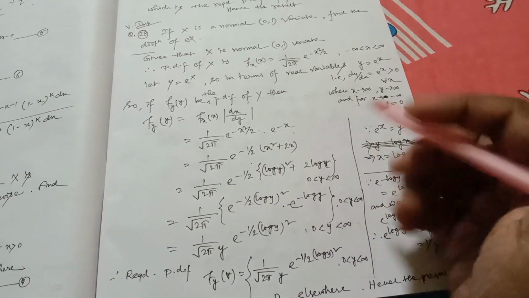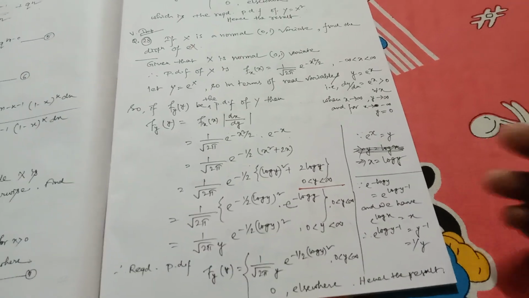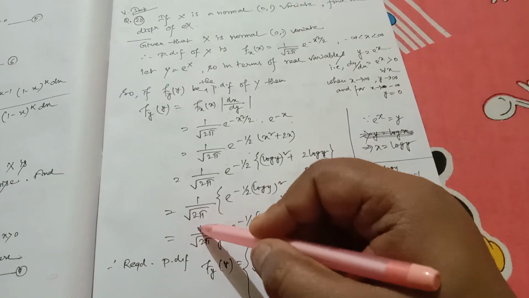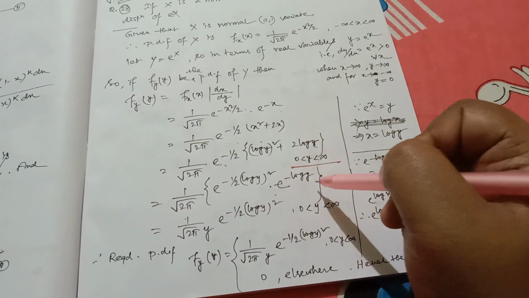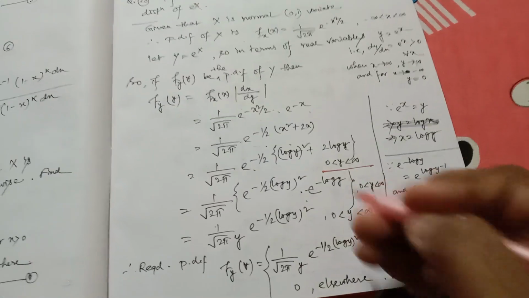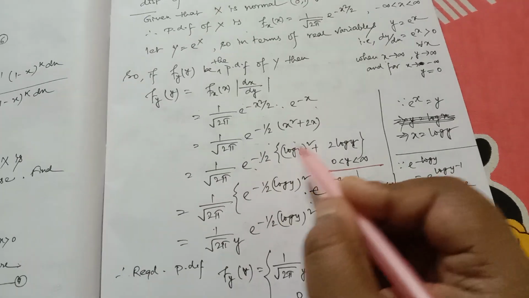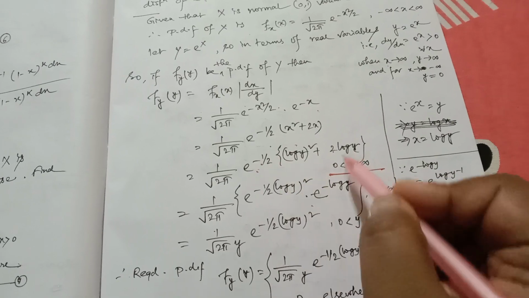Now simply write the respective range for y, 0 less than y less than infinity. Then you can see I have written 1 by root 2 pi e to the power this, e to the power this. That means we are considering this portion e to the power minus half of this, minus half into 2, that will be e to the power minus log y.